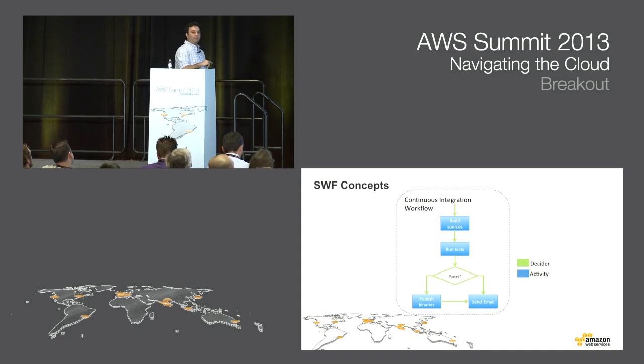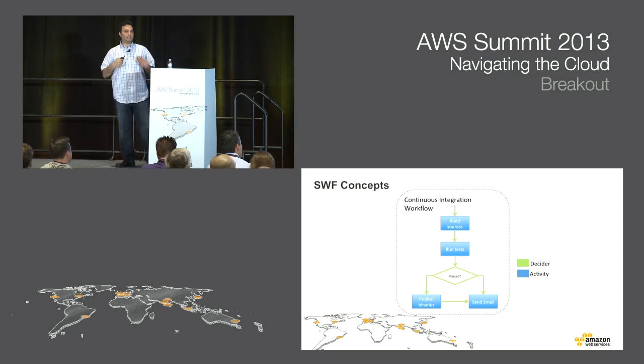The way that we implemented this application is very similar to how you implement workflows in simple workflow. There are a couple of basic concepts that you really need to understand in simple workflow to understand what it does. And those are decider and activity. Remember the coordinator component in our application, which was the decision maker, the timekeeper.